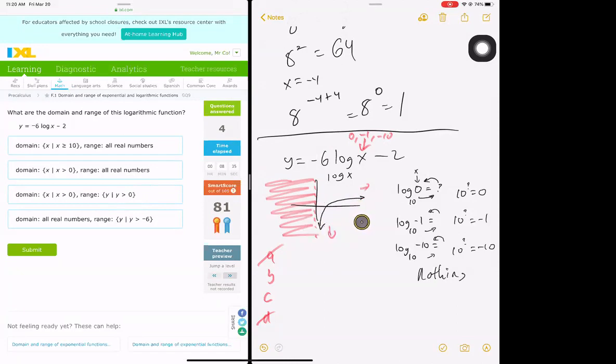I could have negative logs. Okay, they're right. The answer is B. Good job. The answer is B, because first, our answer has to be greater than 0, and we can have any y value.